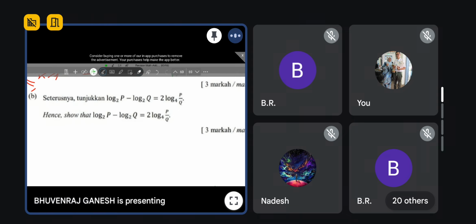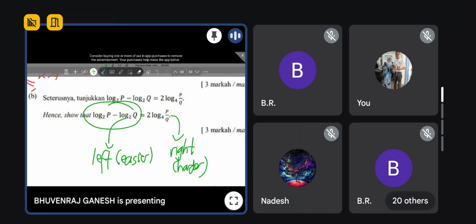Yes, okay. So the easier one is the left hand side. Left hand side is easier. The right hand side is harder. So guys, you might ask me, how to know which side to choose? Macam mana tahu nak buktikan dari belah mana? Kamu tengok mana belah yang nampak lebih kompleks. Guys, if you see these two, which one look more complex?